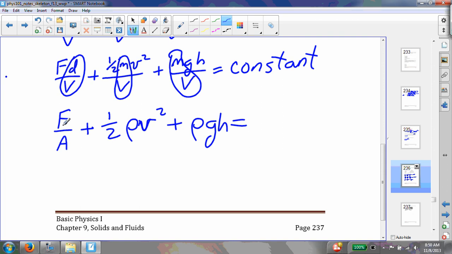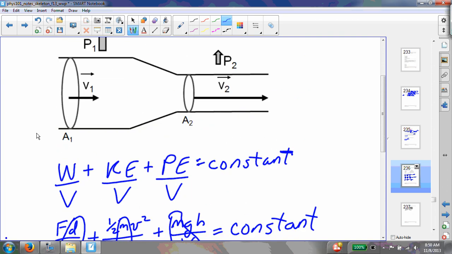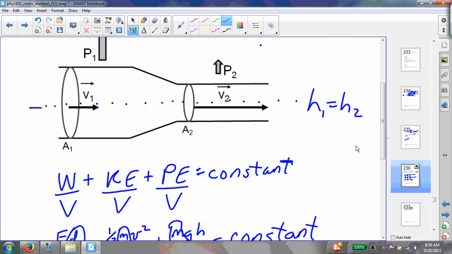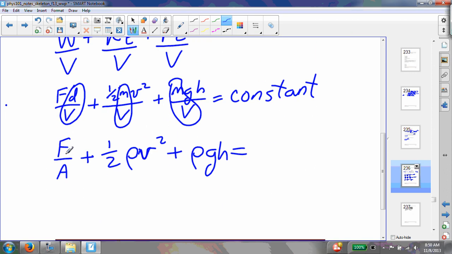That means that if I have a pipe, like I had up here, if I have a certain pressure, a certain velocity, and a certain height, my height, by the way, in this example is the same. So this would be h, and h1 would equal h2. Then I could say, let's make this F1 over A1. This is going to be V1, h1. That this is going to be equal to F2 over A2, my pressure.